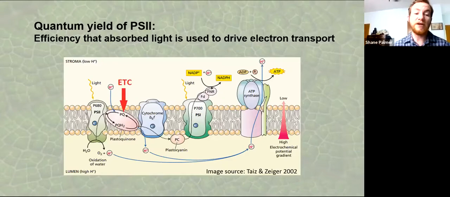If photons are continuing to be absorbed, but PS2 is being overloaded and it can't shuttle all of those electrons into the electron transport chain fast enough, it has to open the release valve, and instead it ends up shuttling some of that excess energy from those absorbed photons, either dissipating it as heat or re-emitting it as fluorescence.